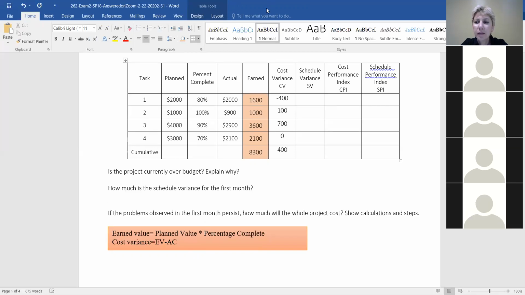So negative numbers, what do they mean? It means that it costs more than the earned value. Exactly, so you paid more than what you got. It's over budget. Positive numbers, what does it mean?